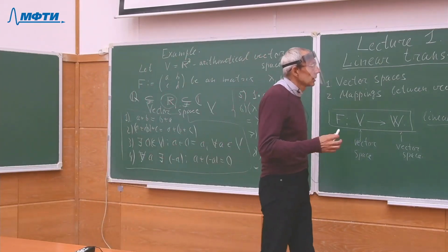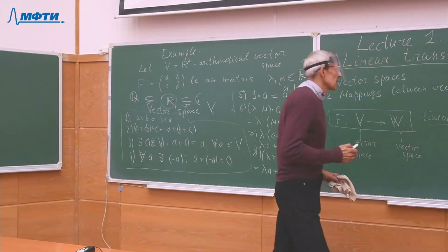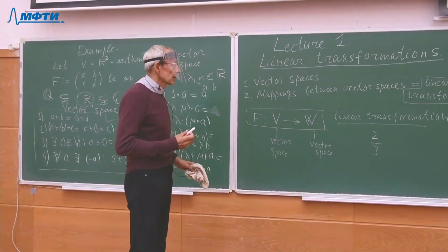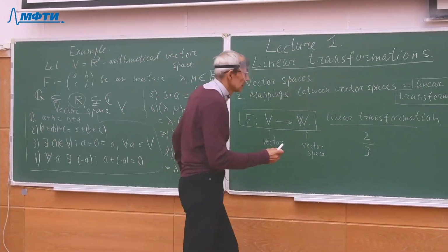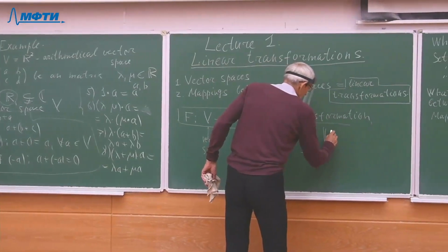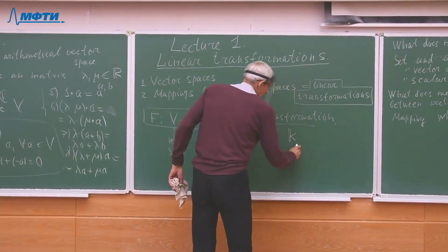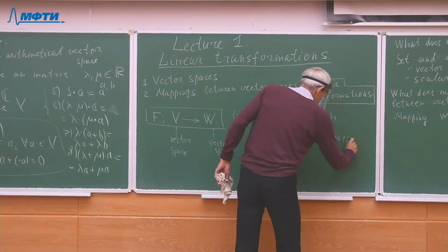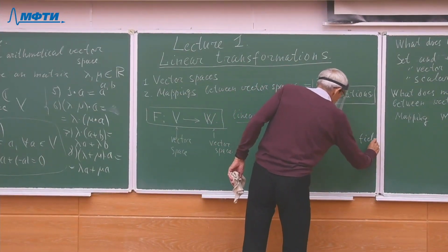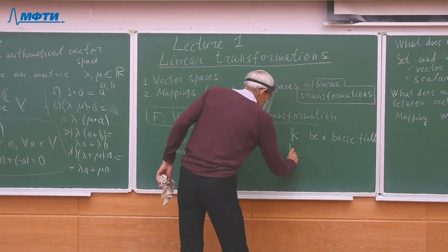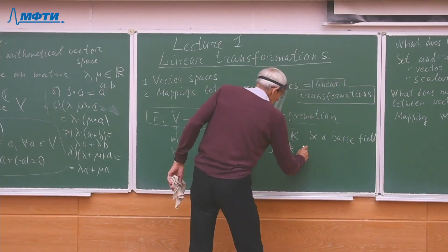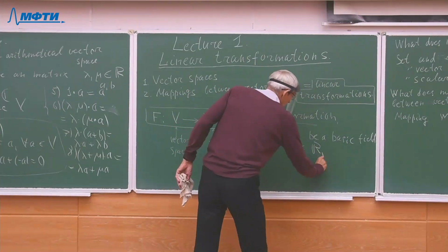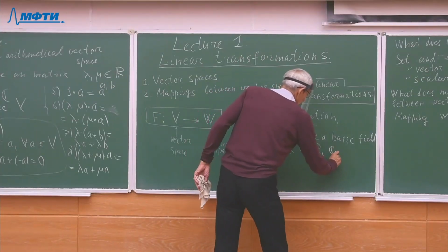We are going to consider some general construction, and I will denote the basic field by K. Let K be a basic field. For us, K may be the real number field or the complex number field.